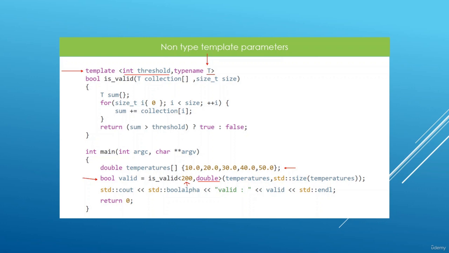And we can use a function like this and specify our threshold for the validity of our array as a non-type template parameter here. And when we do things like this, the threshold is going to be embedded in the declaration of the function here. It's going to be part of the template declaration, and we can specify this when we call the function.